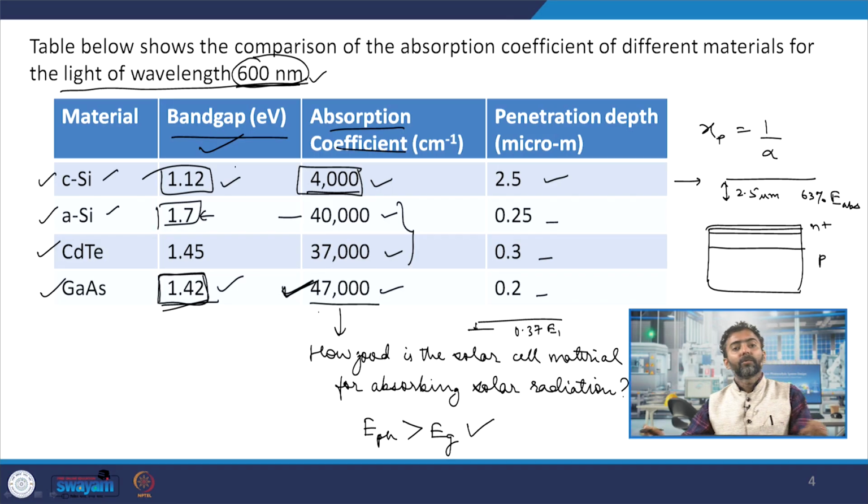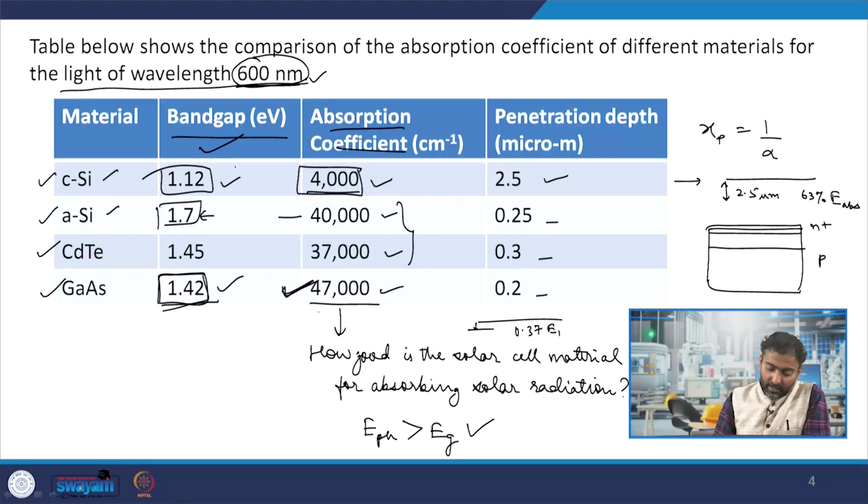So, to help you remember this, let me give you an analogy. It is not important how many photons you are absorbing, that is not the only criterion; out of the absorbed photons, how many are actually converted to electron hole pairs is also important. In the Indian traditional medicine system, Ayurveda, there is an interesting concept which says that it is not important how much you eat, rather it is important how much you are able to digest.